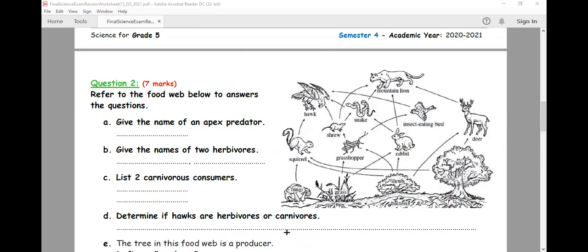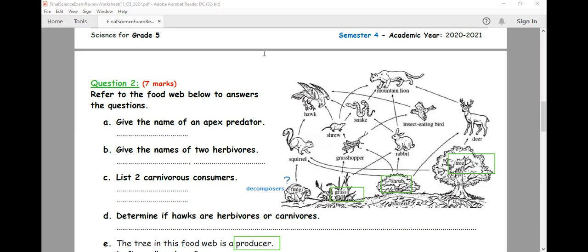The shrub, the tree, and the grass. What about the fungi? Do you really think that fungi are producers? No, they are decomposers. They are not producers.